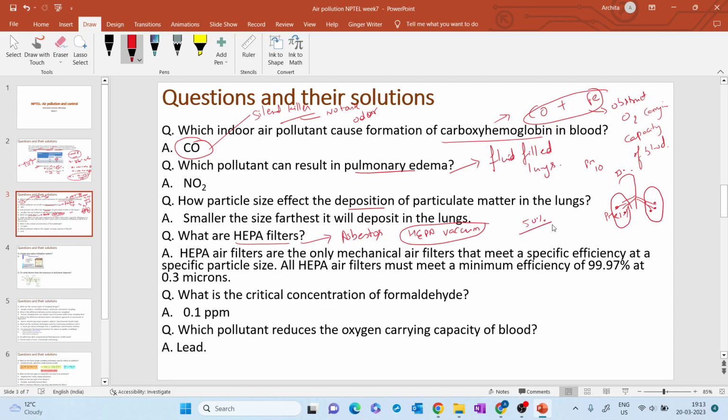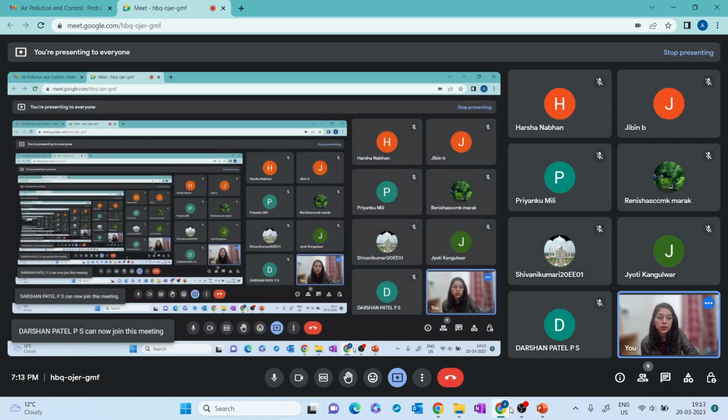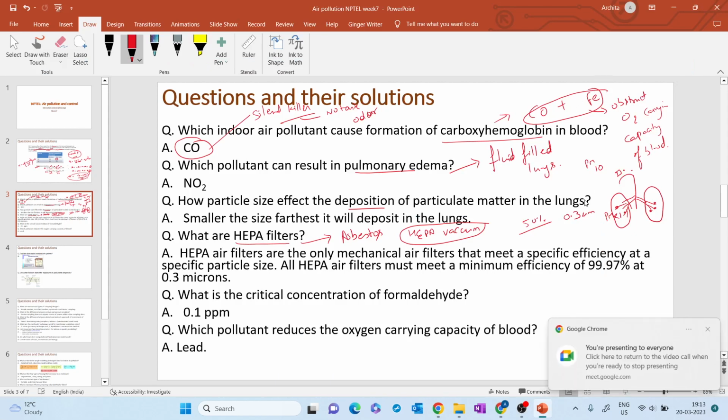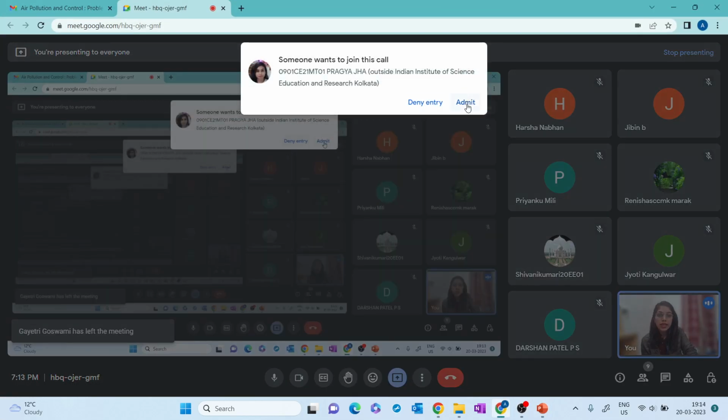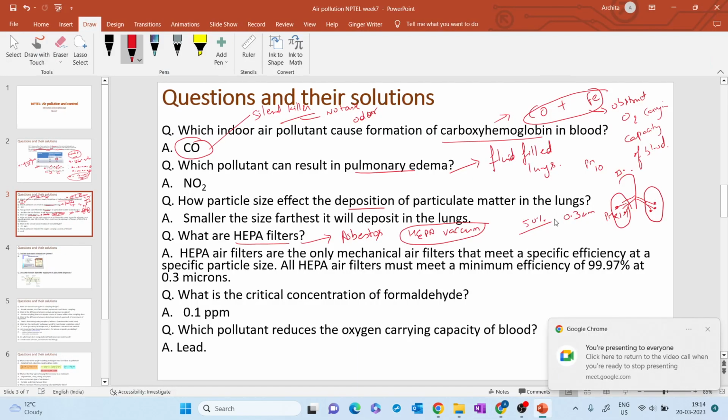So 50% efficiency means that if my filter has a pore size of 0.3 micron and an efficiency of 50%, it can collect particles of size 0.3 micron or less with an efficiency of 50%. That means 50% of particles are collected and the other 50% are lost because of the low efficiency of the filter.